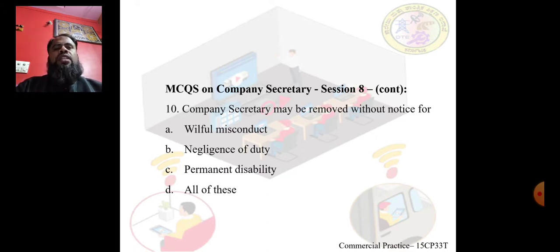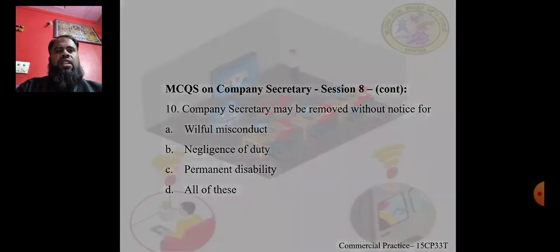Yes, my dear students, these are all the multiple choice questions or test questions to know whether you understand the concept. I hope you understand the concept of dismissal of a company secretary. With this chapter, the company secretary topic comes to an end. We completed the concept of the company secretary.